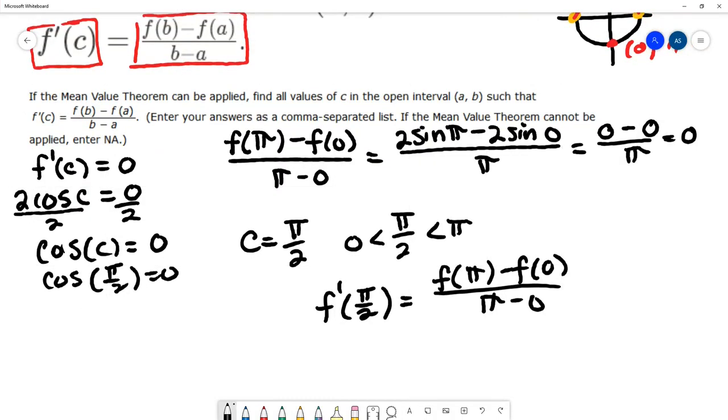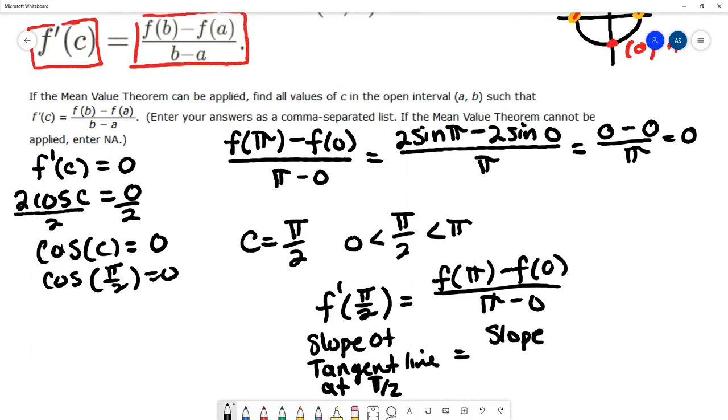So this is saying that the slope of the tangent line at pi over 2 is the same as the slope of the secant line using 0 and pi.